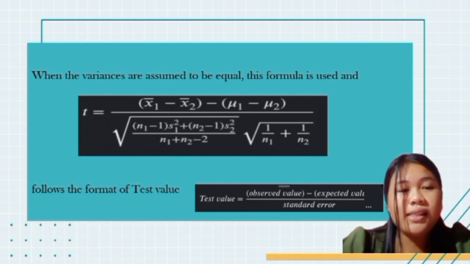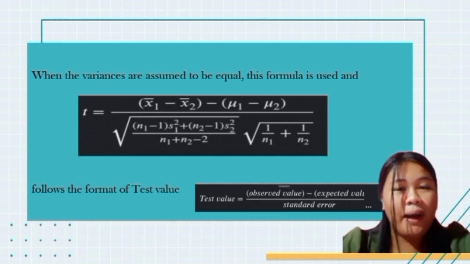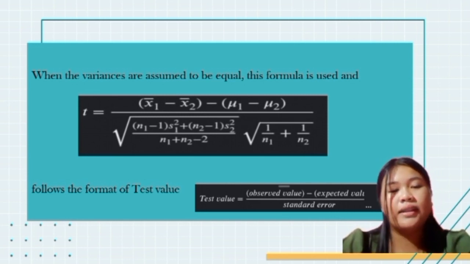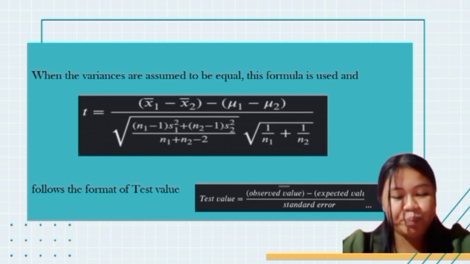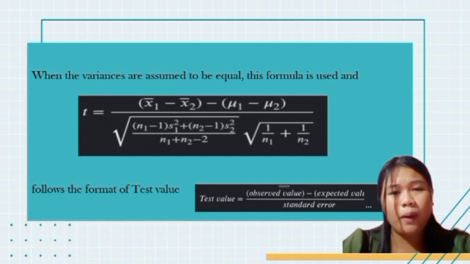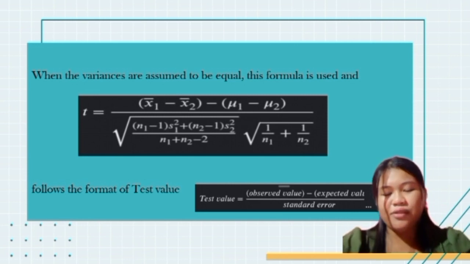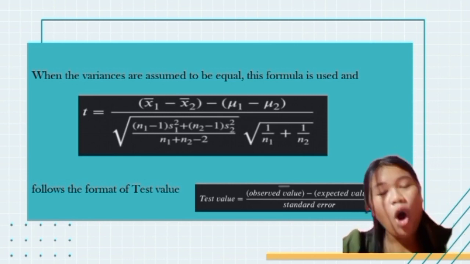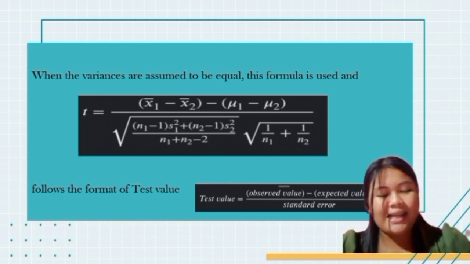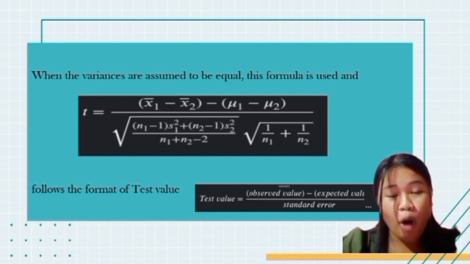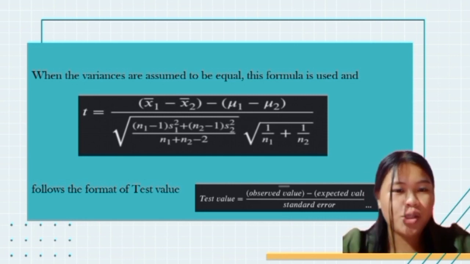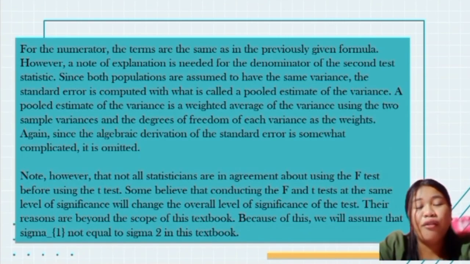This follows the format of the t-value, the test value. The test value is equal to the observed value minus the expected value over the standard error. For the numerator, the terms are the same as the previously given formula.